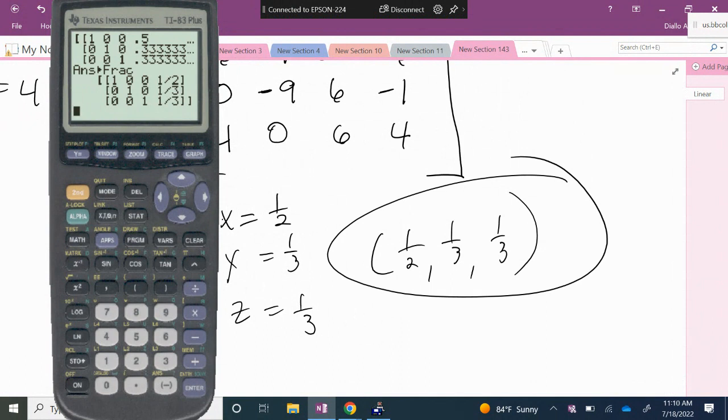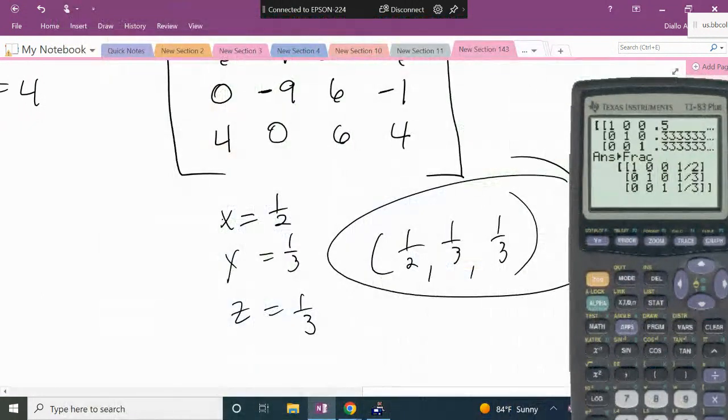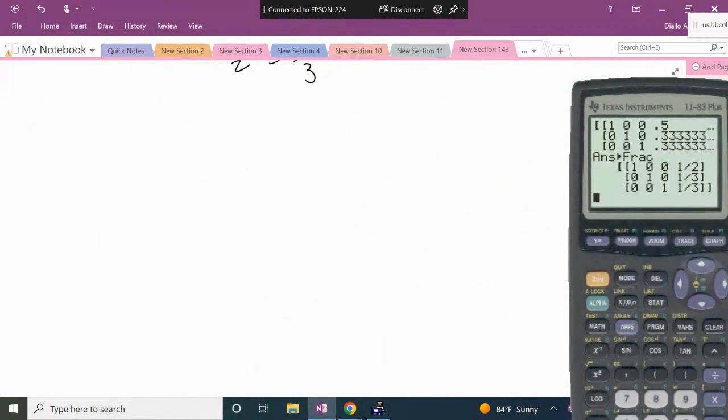Okay, so once you have the hang of putting the matrices in the calculator, performing the operations on them is not too difficult. So this is actually taken from 6.3, and the directions simply tell us to perform the given operations.